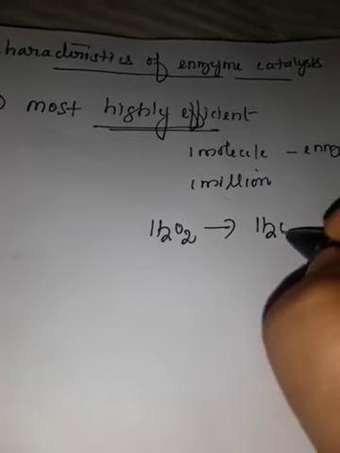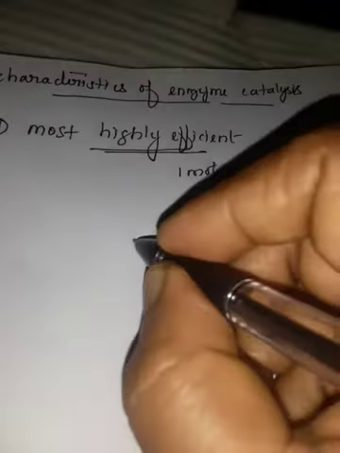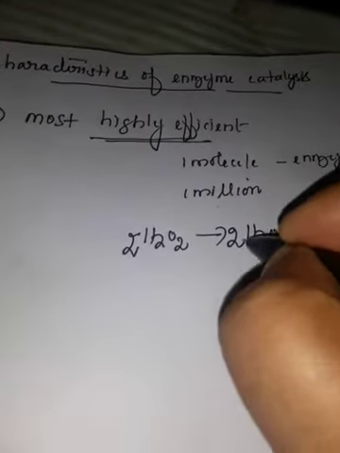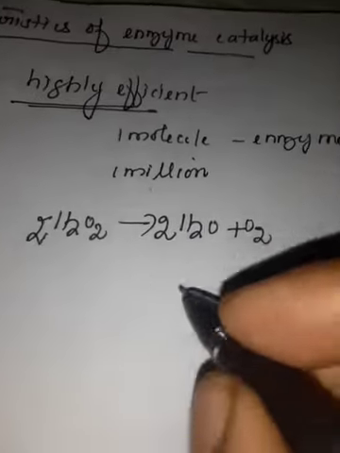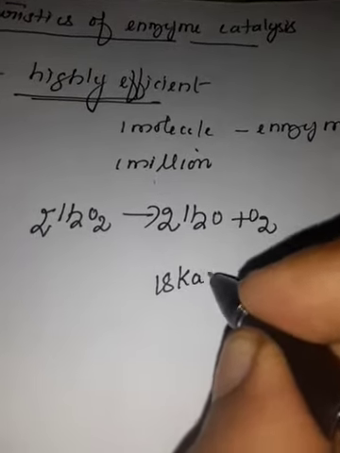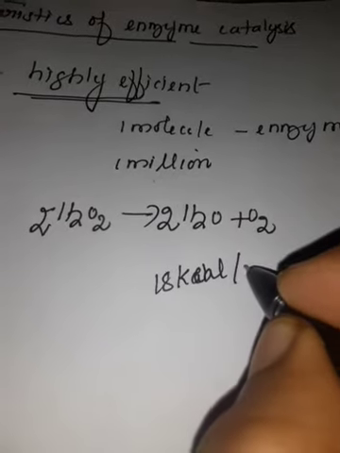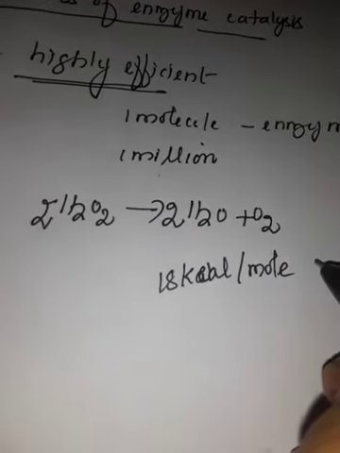For example, H2O2, hydrogen peroxide, decomposes to give H2O and O2, balancing: 2H2O2 to 2H2O + O2. For this reaction, the activation energy is 18 kilocalorie per mole without a catalyst.